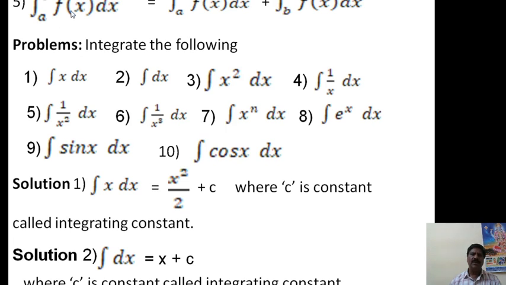By using these rules we can solve problems on integration, and these are the 10 problems kept for your syllabus.